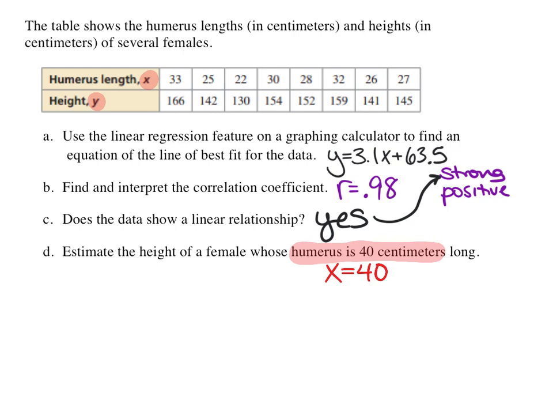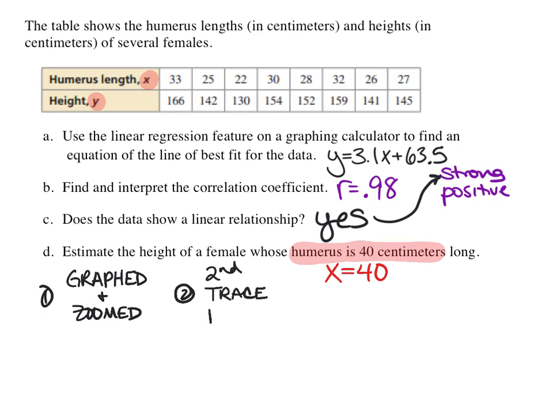So what we do is the following, and I'm going to have you guys write this part down. Once we have it graphed and zoomed correctly, sometimes you don't have to zoom. So I'm just going to press graph and zoom. That's the first step. The second step is that you're going to press second, trace, and you're going to choose option 1 that says value.